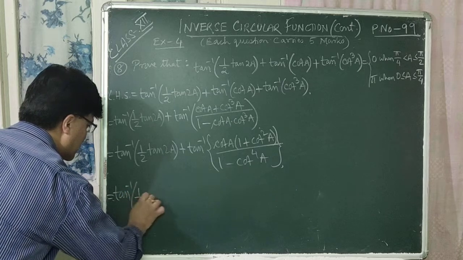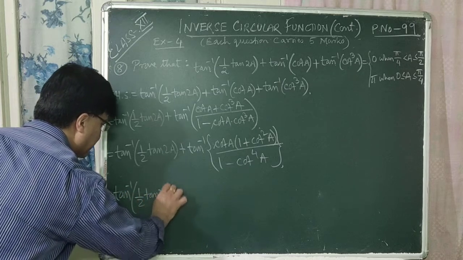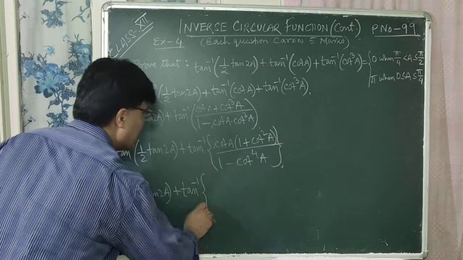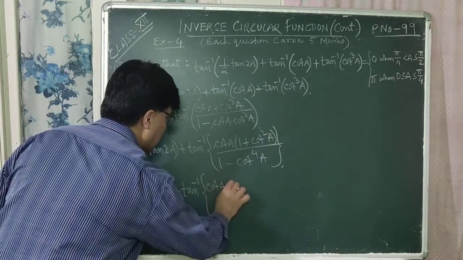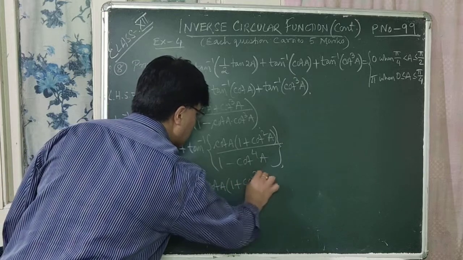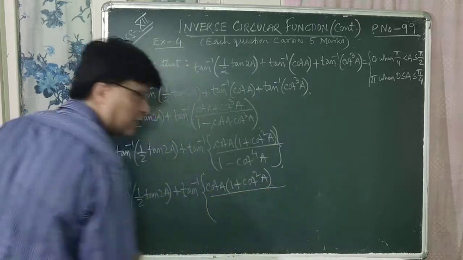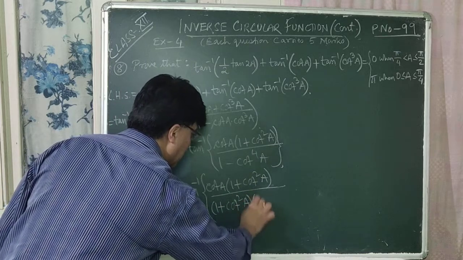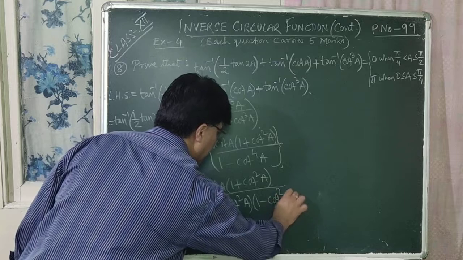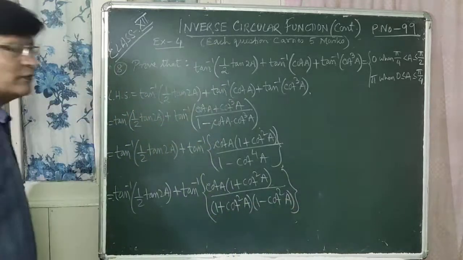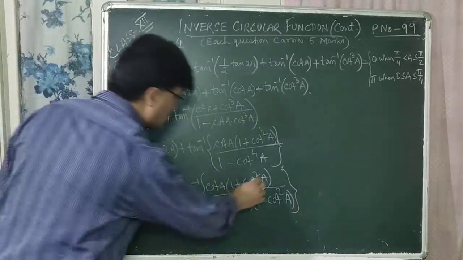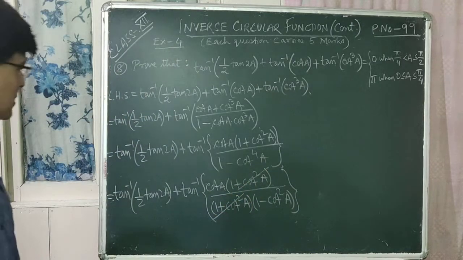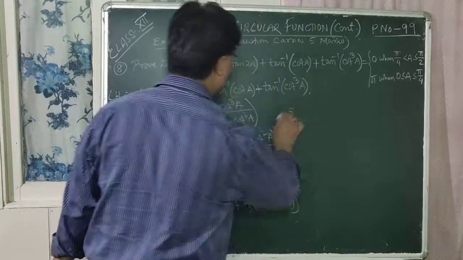Tan inverse half tan 2a plus tan inverse within second bracket cot a within bracket 1 plus cot square a, this whole divided by a plus b into a minus b. So this is the formula. So what can we cancel here? This 1 plus cot square a will be cancelled, right?